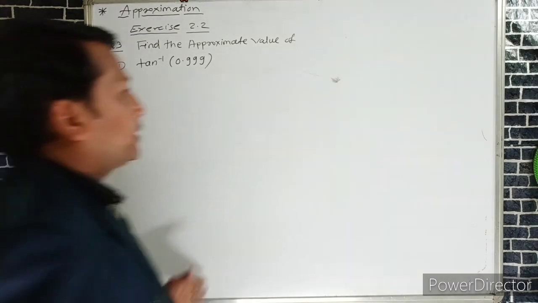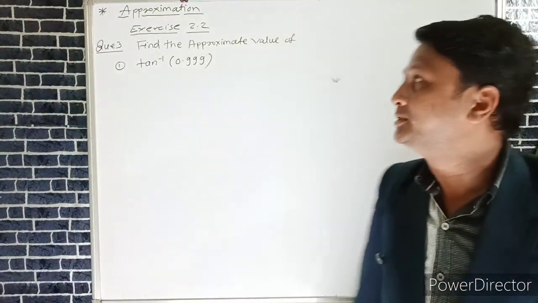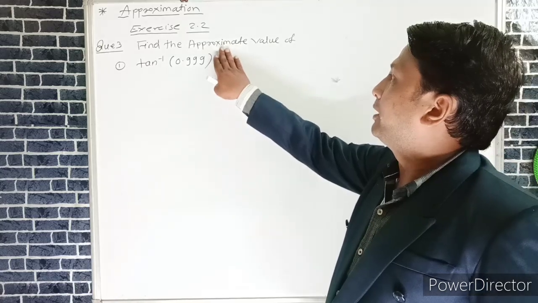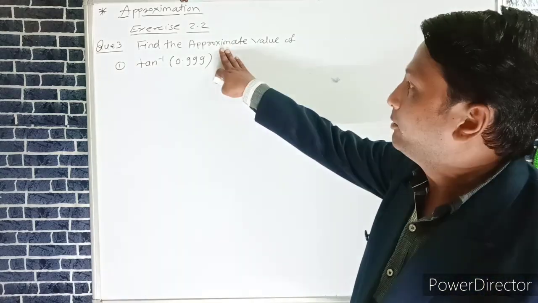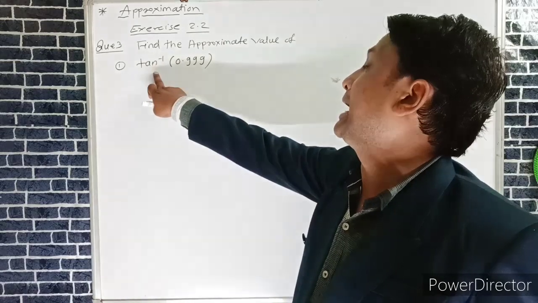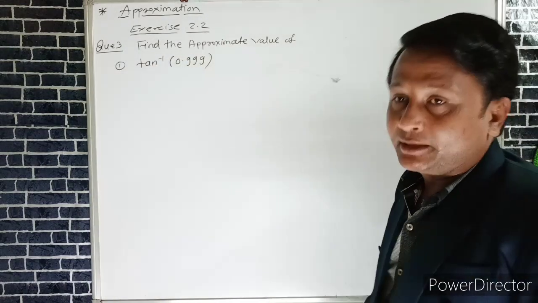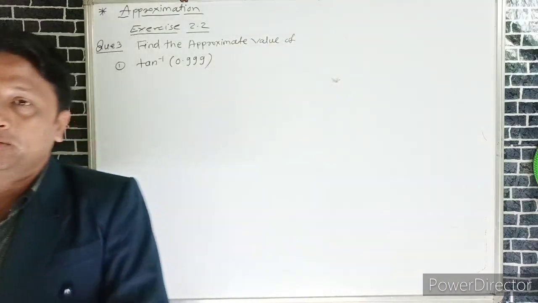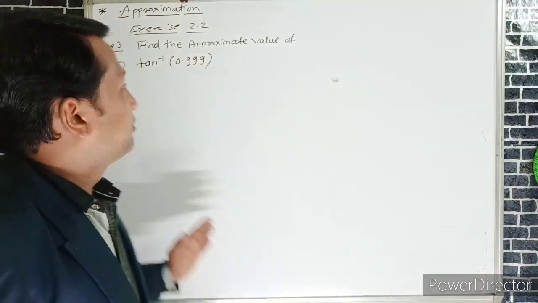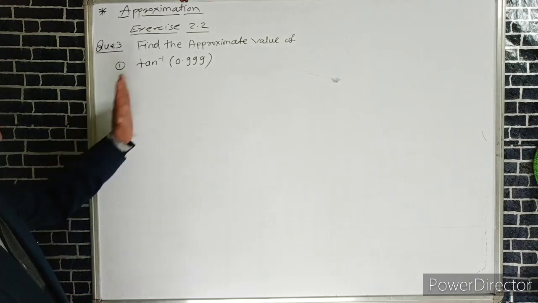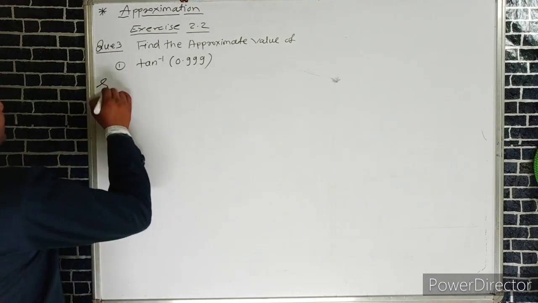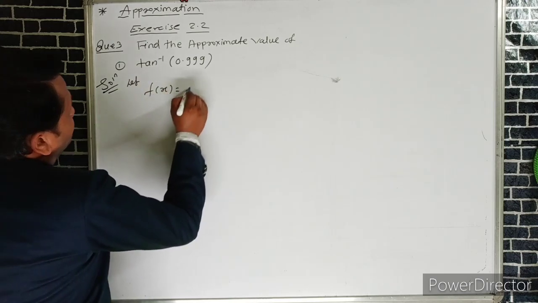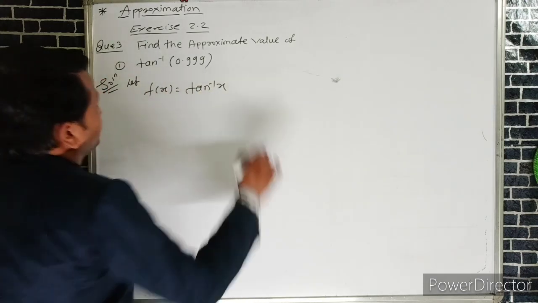Now we are going on to question number 3, in exercise 2.2. We have to find the approximate value of tan inverse of 0.999. The given function is in the form of an inverse trigonometric function. So first we consider the given function f of x equal to tan inverse x.